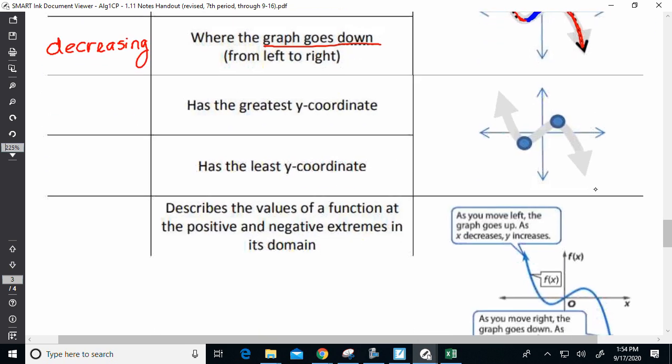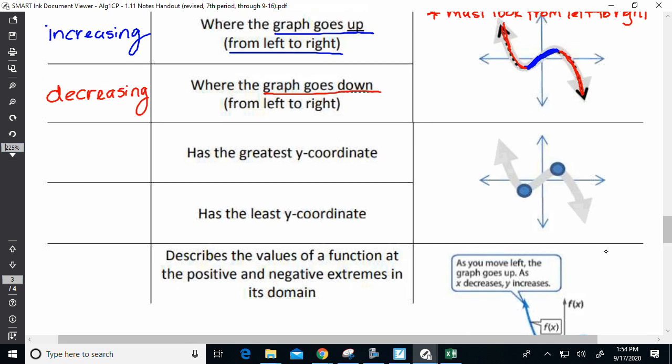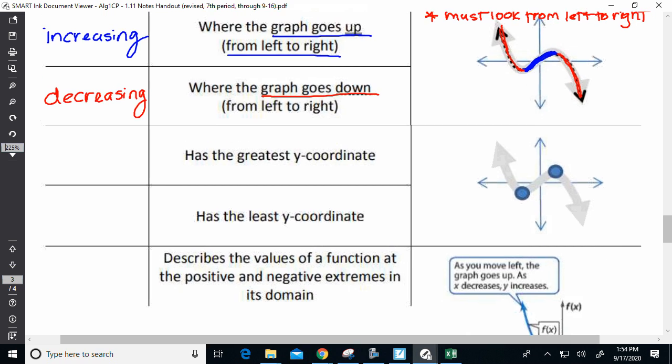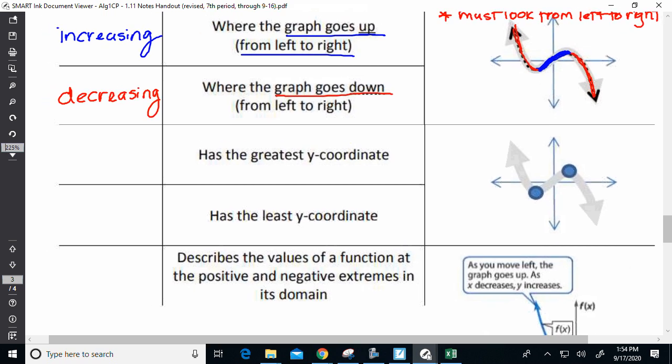Alright, last three. Keep the increasing one there in case you're copying those. So, greatest y coordinate means biggest y value.